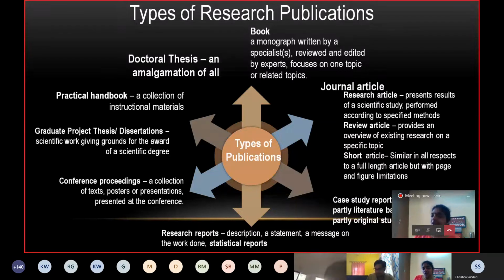It is not just collation, but it also involves giving it a structure, giving it your viewpoint, evolving a concept, and presenting the findings in a manner that helps the reader identify the open questions existing in that particular area, and also the potential areas of research in that domain.